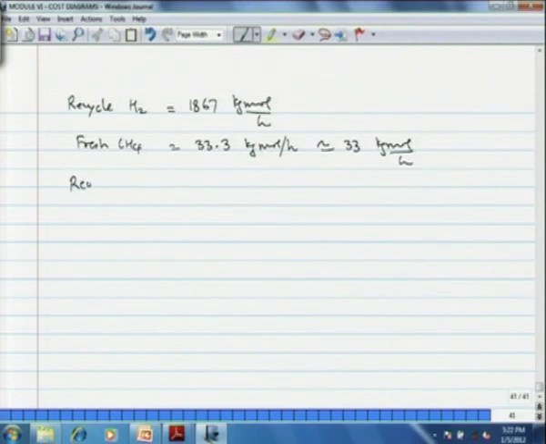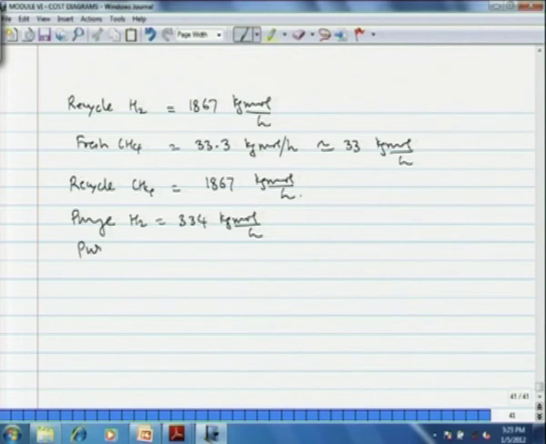And recycle methane is 50% of the recycled gas, that is again 1867 kg mole per hour. The purge gas total is 667. So purge hydrogen is 334 kg mole per hour and purge methane is 333 kg mole per hour.